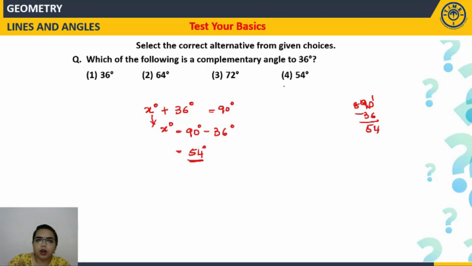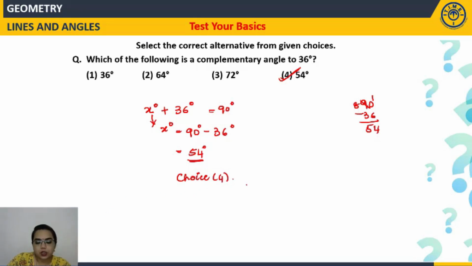If you really want, you can check. Add 54 to 36, what will we get? We will get 90. So 54 degrees and 36 degrees are complementary angles. Now 54 degrees, you can see it is there in choice 4. So that is your correct answer. Is this clear to you?